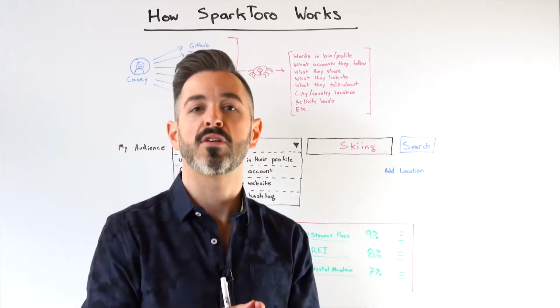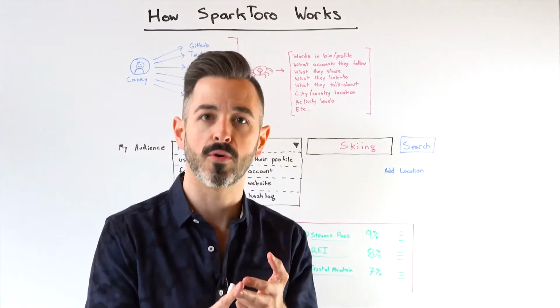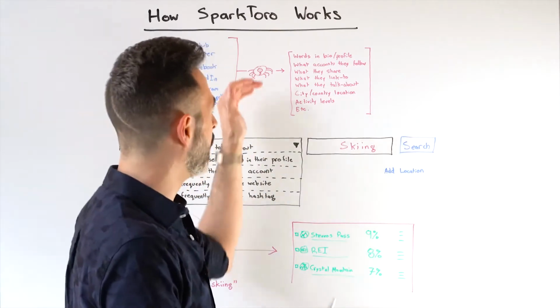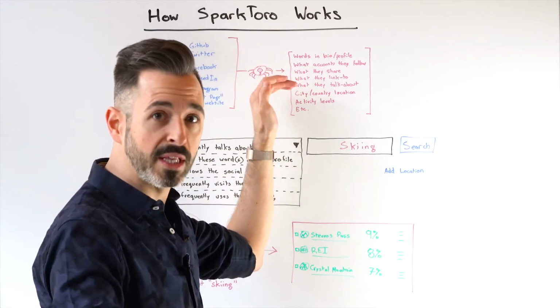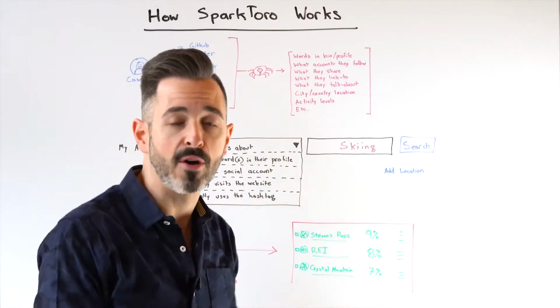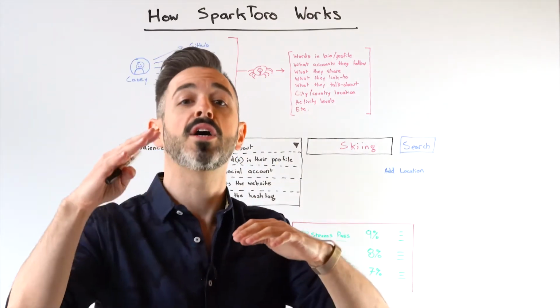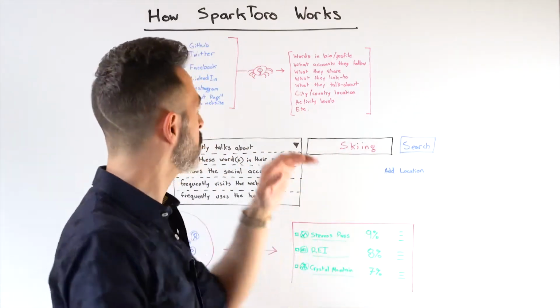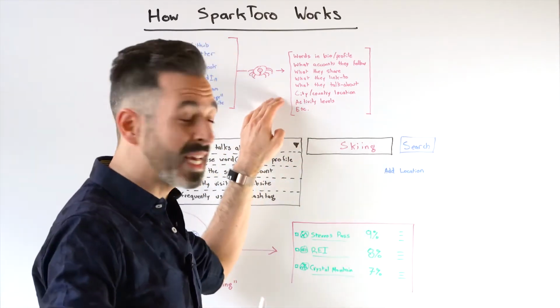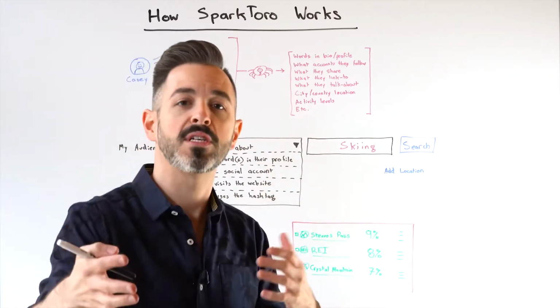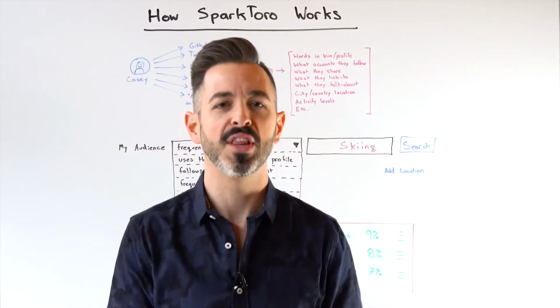He might have words in there like engineer or co-founder or Seattle, right? He lives in the Seattle area. Which accounts Casey's following, what he shares, what he links to, what he talks about online, right? All of his tweets or Instagram shares, what his city and county location is, what his activity levels are like, how often does he post?